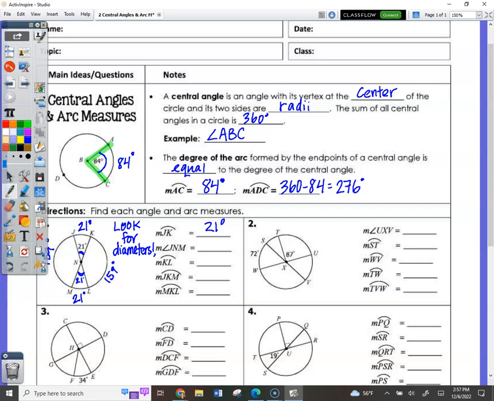This says angle J to N to M. So J to N to M means right here. And I don't have it written down, however, I do know its arc, so I know it. It's 159. Because that is a central angle.